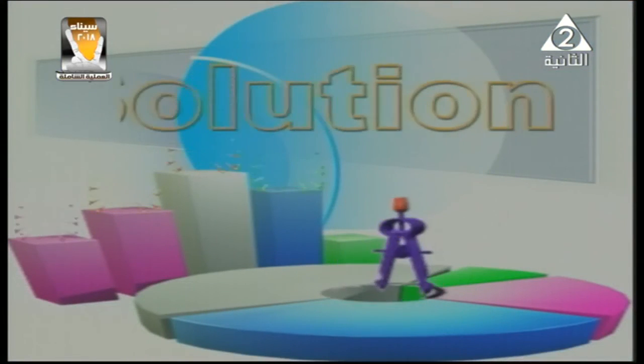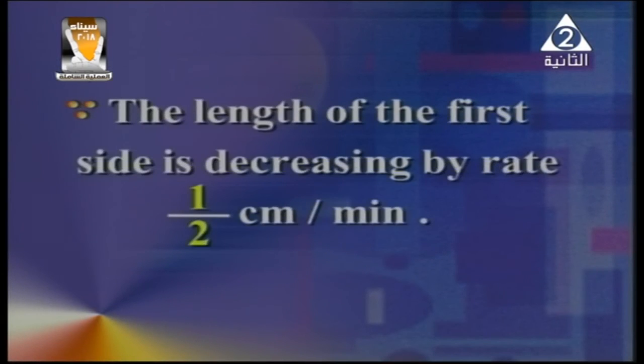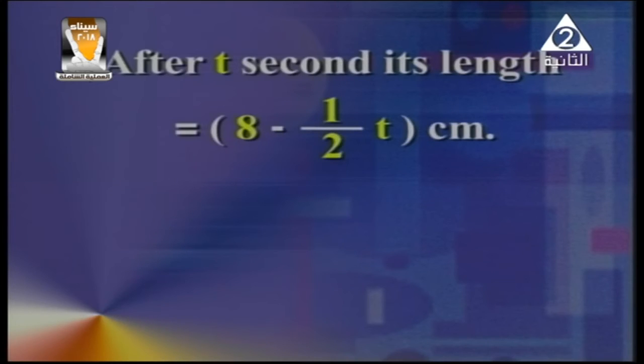Dear student, look at the solution. The length of the first side is decreasing at a rate of half a centimeter per minute. This means after t minutes, its length becomes 8 minus half t centimeters.